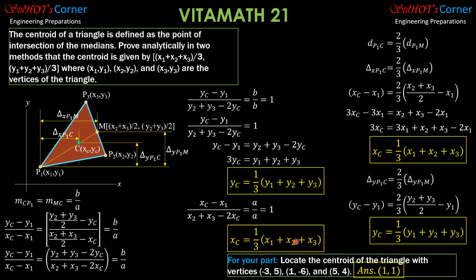You just select two medians from these vertices here, then solve the two equations of the medians simultaneously and verify that the point of intersection, the solution to the system of two linear equations, is really at (1, 1). In fact, you can also find the equation of the third median and any two median combinations. Find the point of intersection by solving the two equations simultaneously and show that it is at (1, 1).